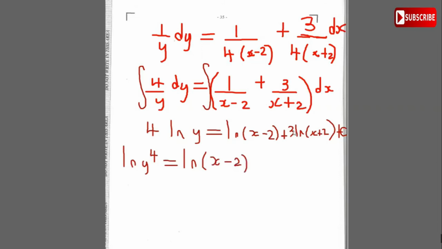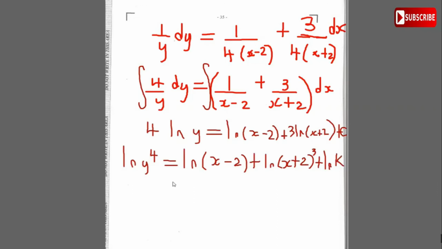I'm going to bring up the power of 3 to write plus ln x plus 2 cubed, and then this c right here, I'm going to write it as ln k. ln k is still a constant, c is just ln k.